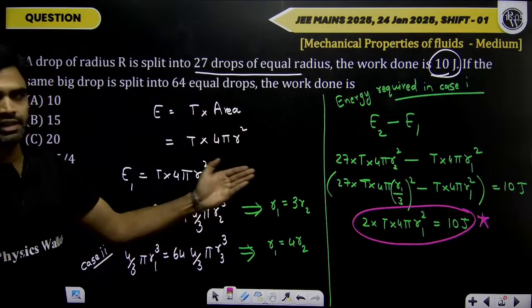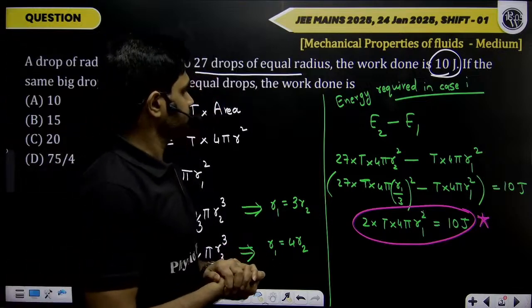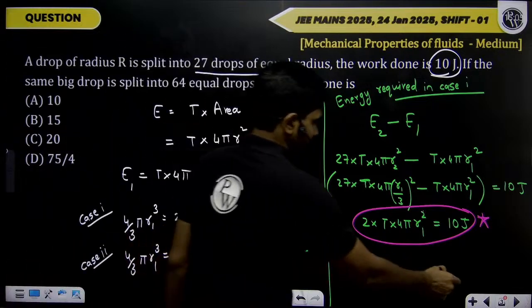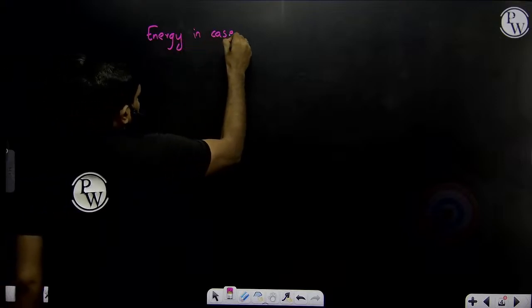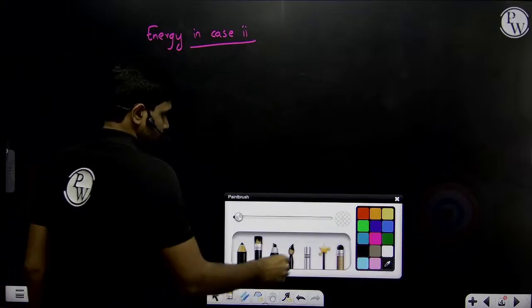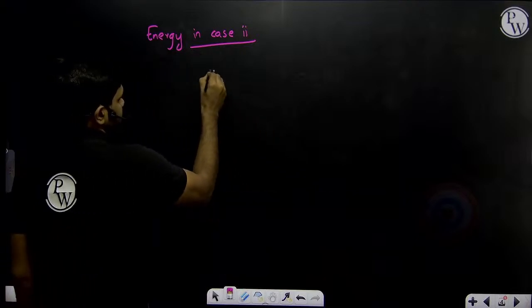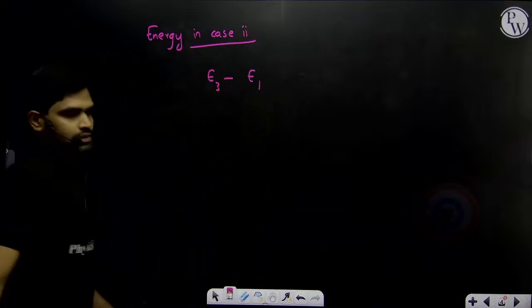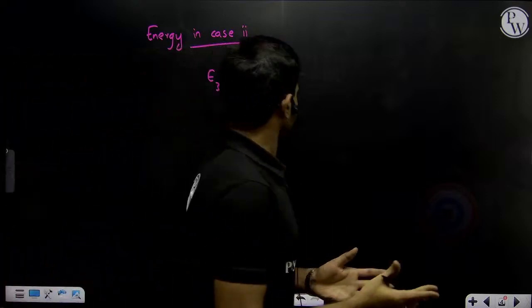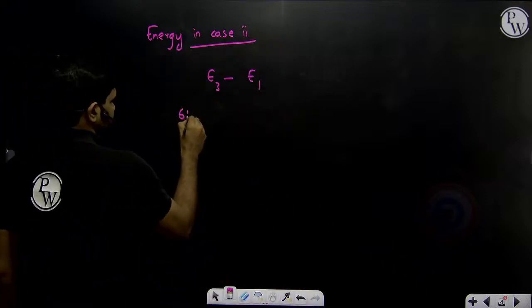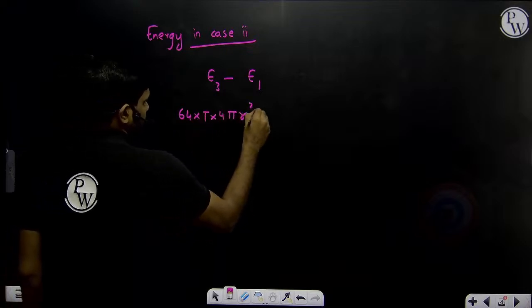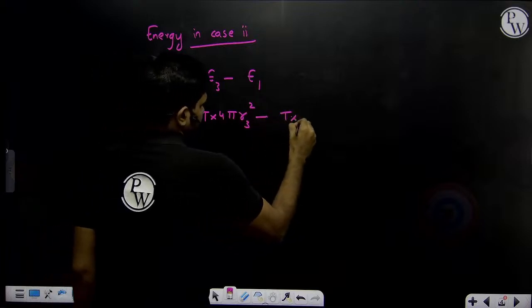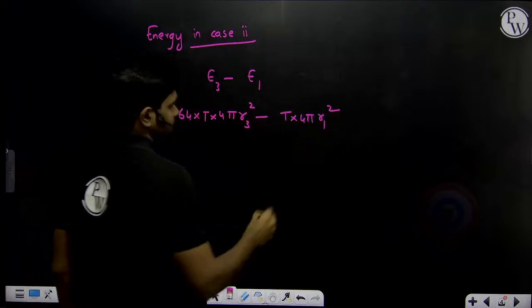Now we need to find the energy in the second case. Let us take a fresh page. The energy required in case 2 is very simple. It is E3 minus E1, because the first drop you are breaking into 64 drops. So it is 64 into T into 4 pi R3 square, minus T into 4 pi R1 square.